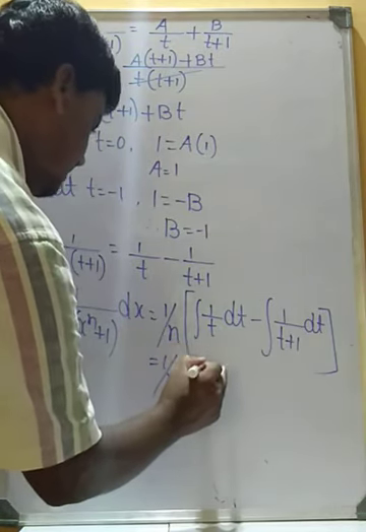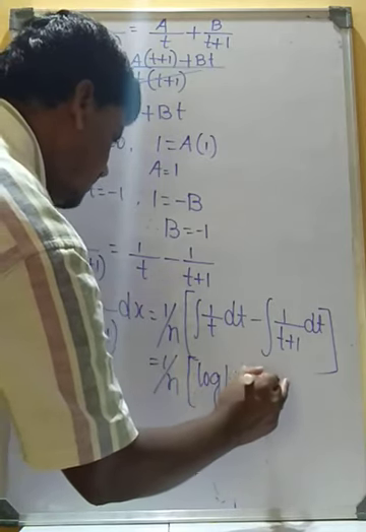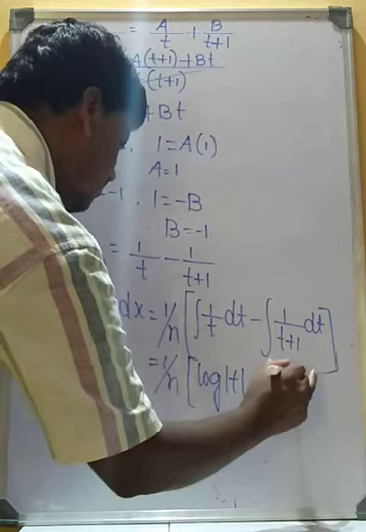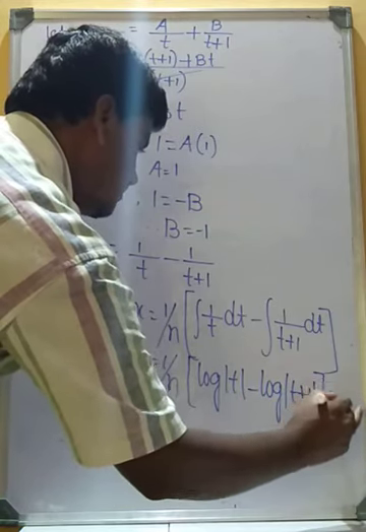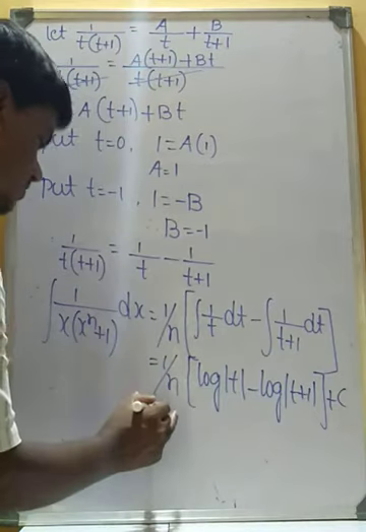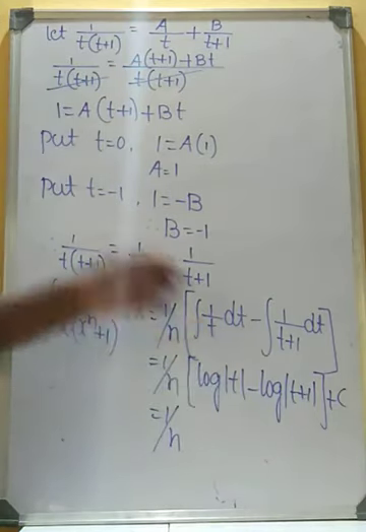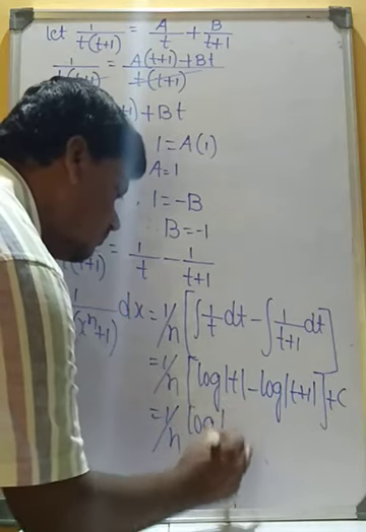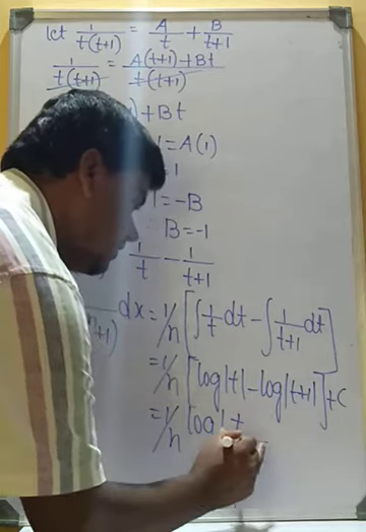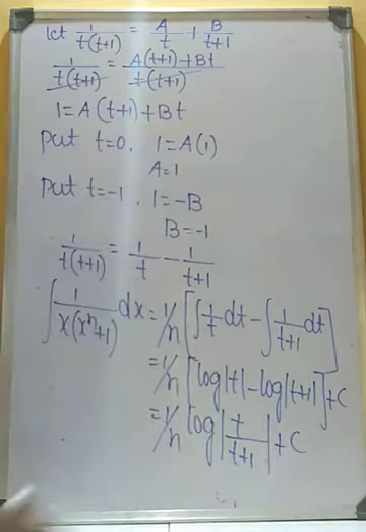The integral of 1 by t is log of mod t minus log of mod t plus 1 plus c. 1 divided by n, you know log a minus log b, that is log of mod t dividing by t plus 1 plus c.